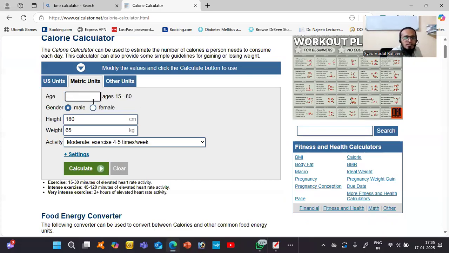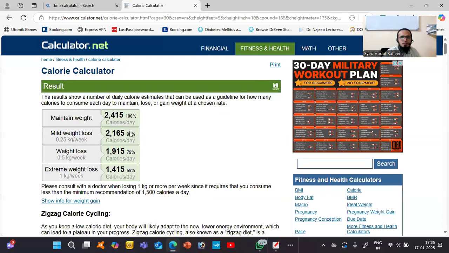I will calculate here: 30, male, 175, 70 kgs, moderate exercise. If you want to maintain 70 kgs, you need to take 2415. Mild weight loss, you need 2165. Weight loss, 1915. Extreme weight loss, 1415.